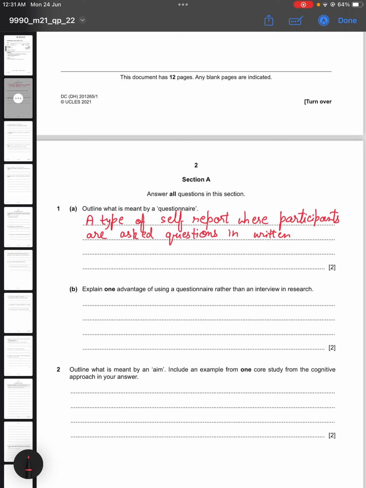You need to mention that they are asked questions in written form. Written form is a key word over here because this is what differentiates a questionnaire from an interview. So you need to mention that the questions are asked in written form.